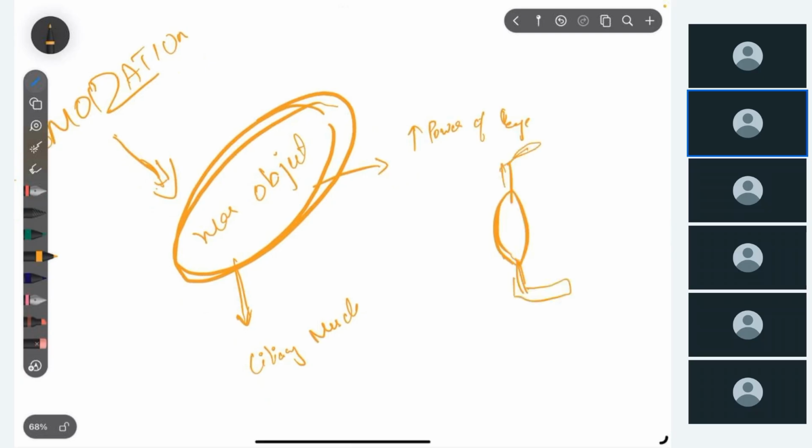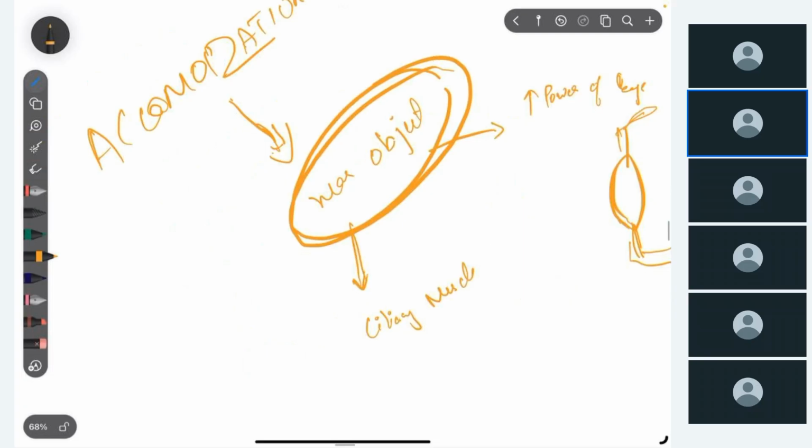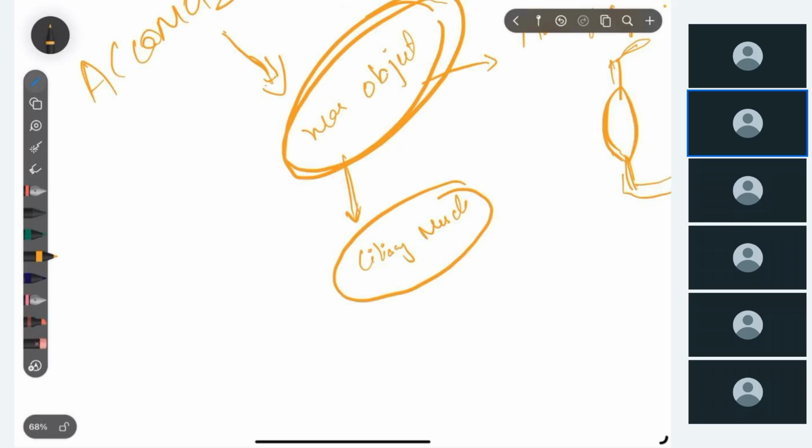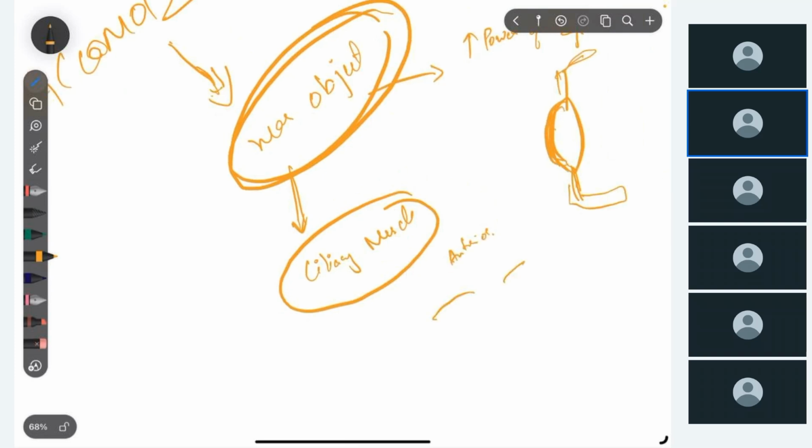When your ciliary muscles contract, your zonules become loose and this anterior curvature increases. Then your eyes move towards your nose to see the near object, and then your pupils constrict.